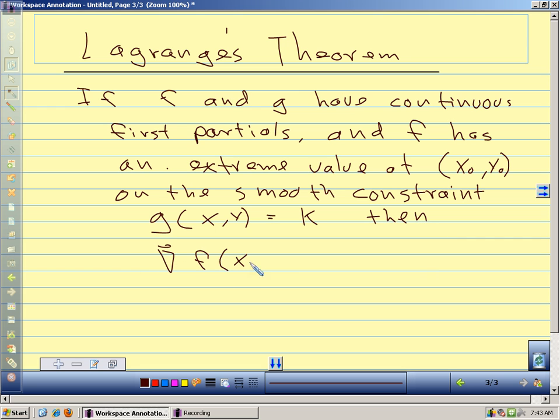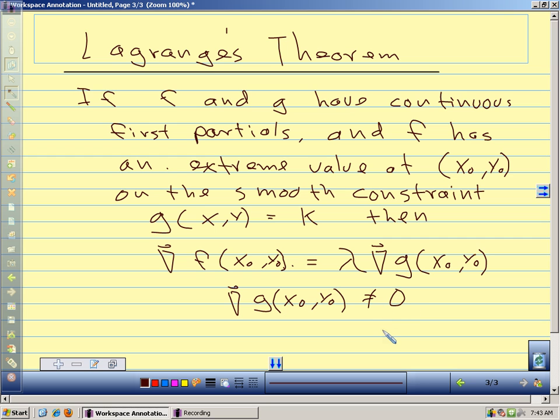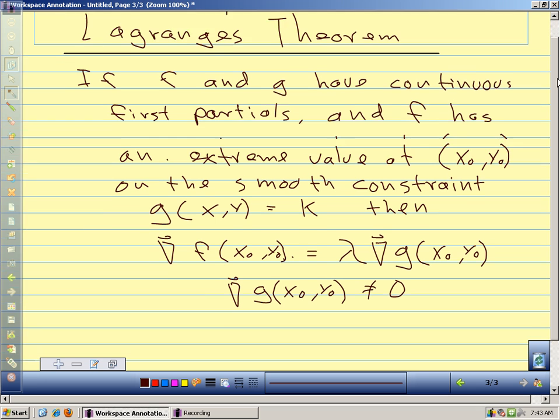del f at x0, y0 equals lambda del g at x0, y0. And we're assuming that the gradient of g at x0, y0 is not 0. If del g is 0, then we have to figure out some other method to use.